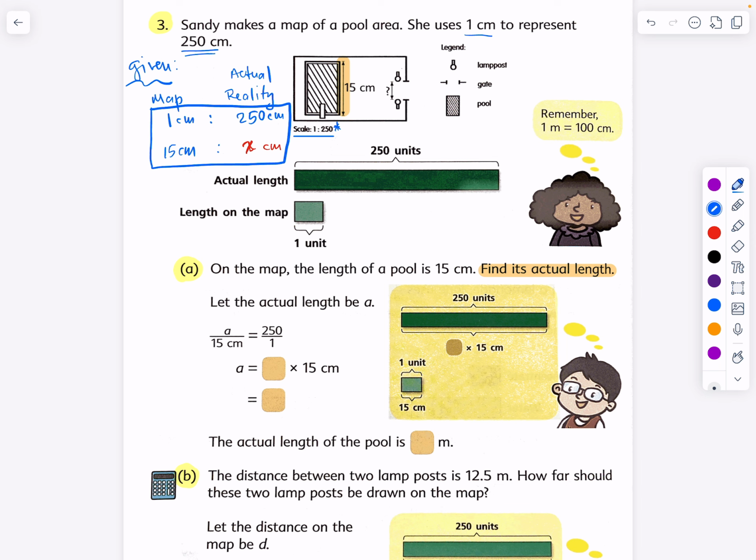So we can say that 1 to 15 on the map has to be proportionate to 250 to x. Notice how I am comparing map to map and actual length to actual length. Now, how do we solve this? We have related fractions, right? I teach my students the butterfly method.